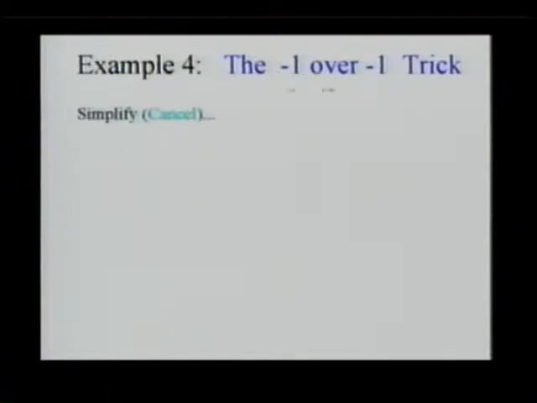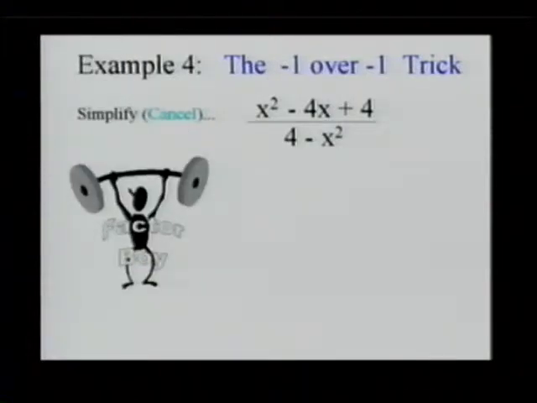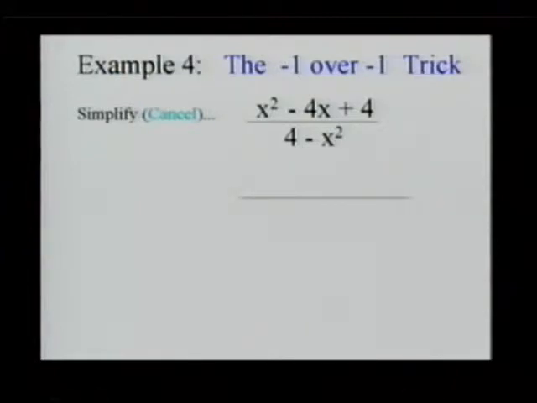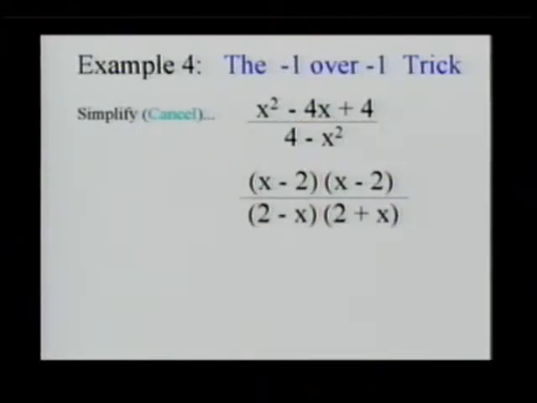Well, let's see. If we had to cancel this, let me factor, because I can't cancel things that are added. There's my buddy. Let's see. In the top, I'm going to factor this, and it's going to be x minus 2, x minus 2. Okay, now the bottom is the difference of two squares. So that's actually going to factor to 2 minus x, 2 plus x.